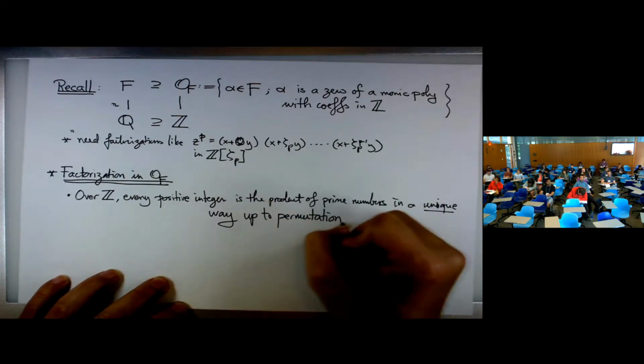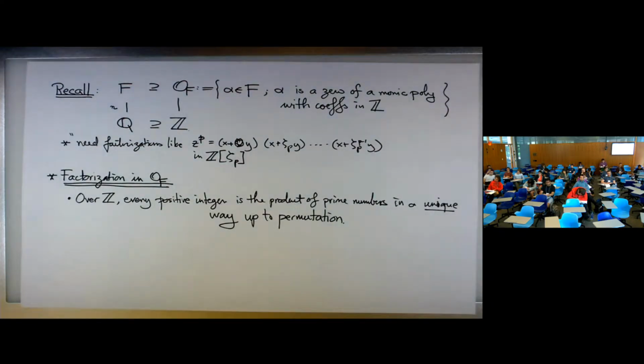So this is the unique factorization in Z.